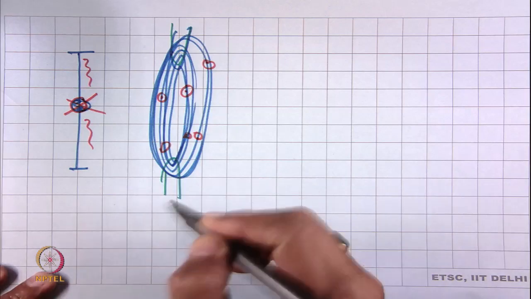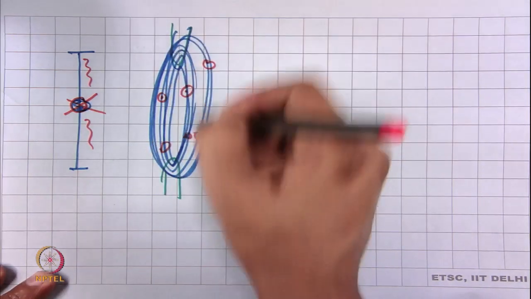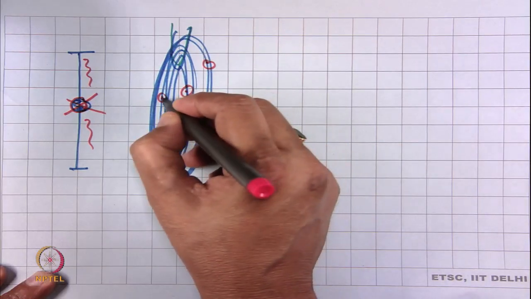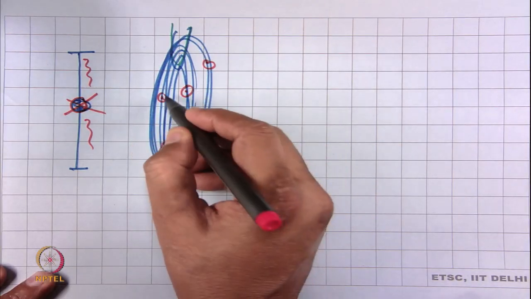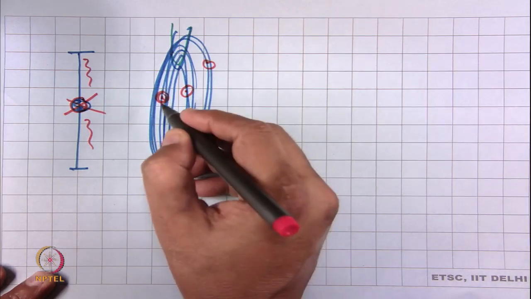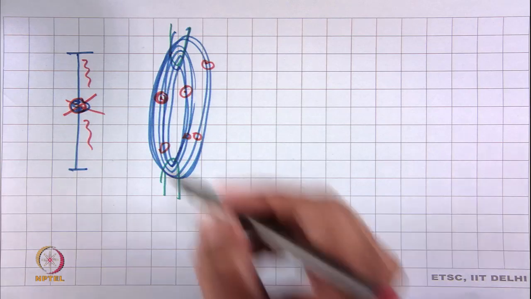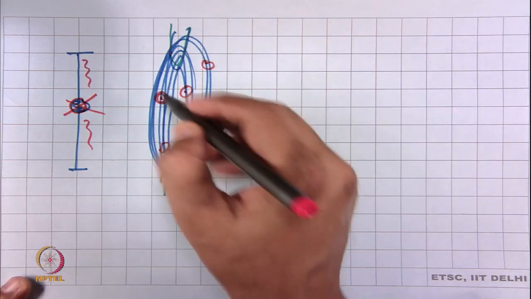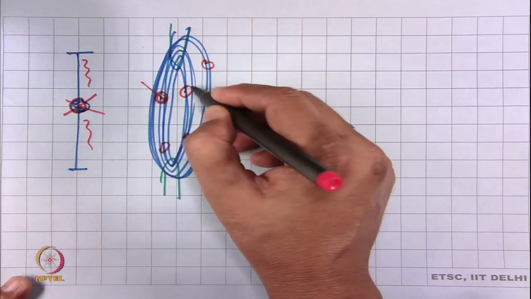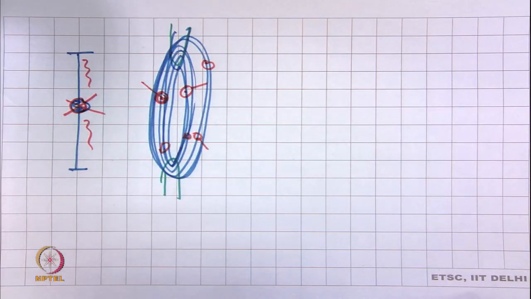But here the advantage is that, depending on the position and location of the weak spot and the strength of the weak spot, the yarn will start breaking. First this weak spot breaks, then this will break, then this will break.